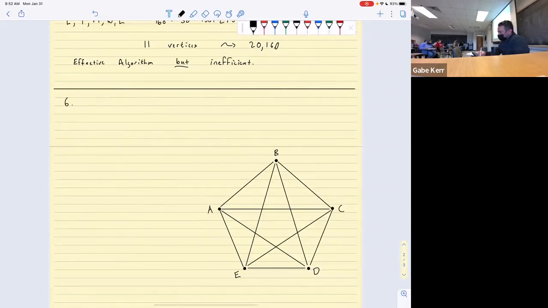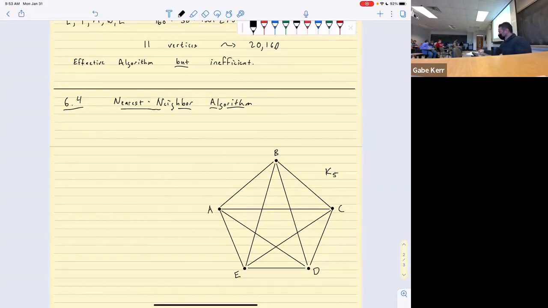This is 6.4. It's called the nearest neighbor algorithm. The rest of the examples that I'm going to do are going to deal with the complete graph K5. It's rich enough that it gives us a lot of examples.